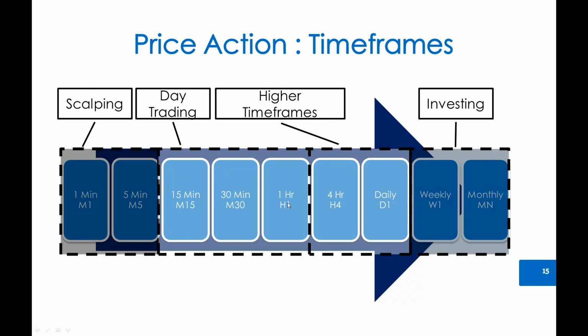The 1 hour, 30-minute and 15-minute are examples of what we call day trading, or as traders we like to call it, intra-day trading, and scalping would be something you would do on a 1-minute or a 5-minute chart. But as a new trader, something like scalping can entail a lot more risk.